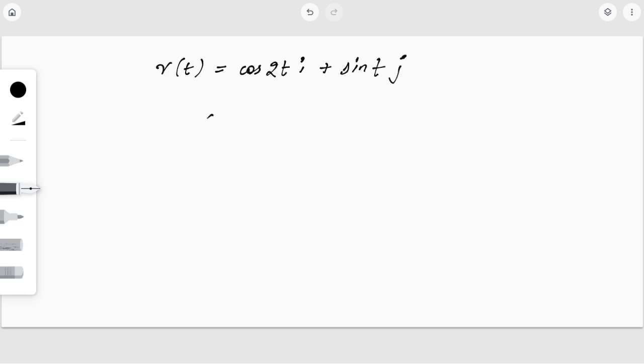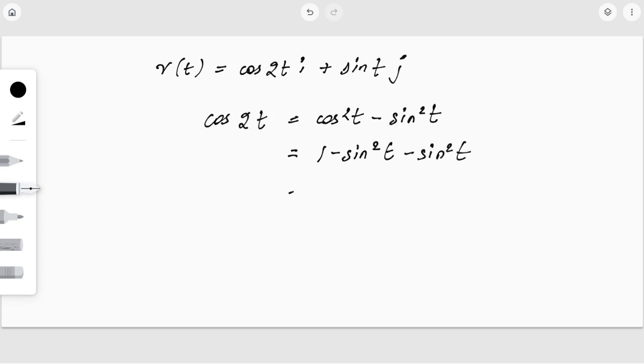Now we all know the trigonometric formula: cos 2t is equal to cos square t minus sin square t. Substituting the value of cos square t, which is 1 minus sin square t, because cos square t plus sin square t is 1, we get cos 2t is 1 minus 2 sin square t.